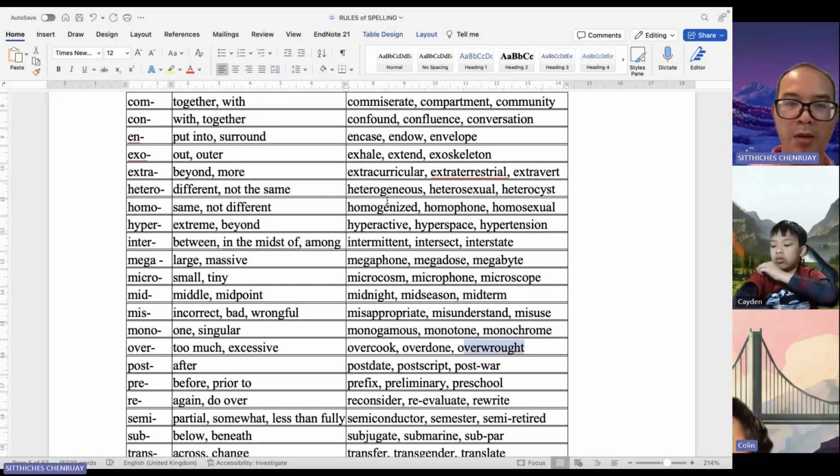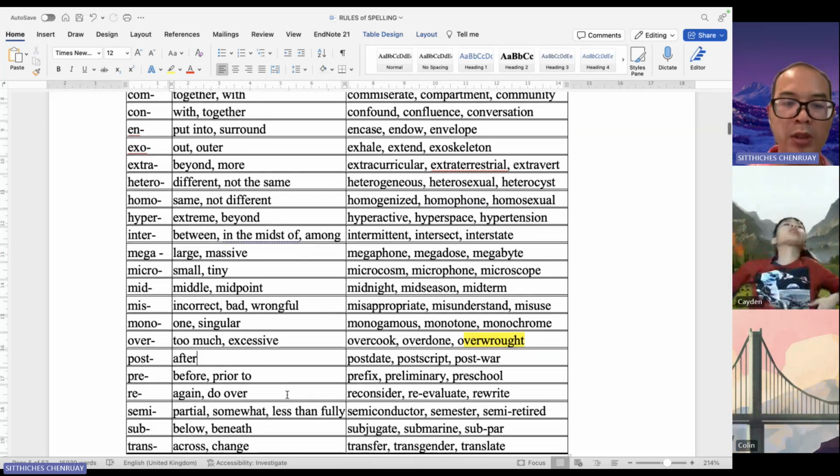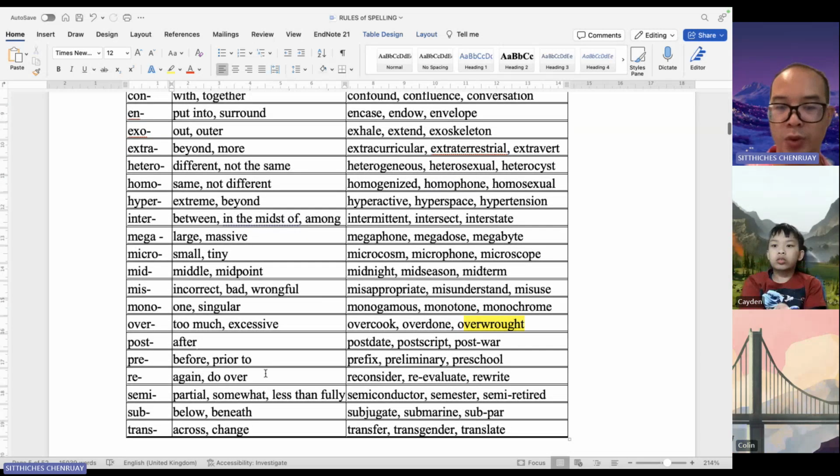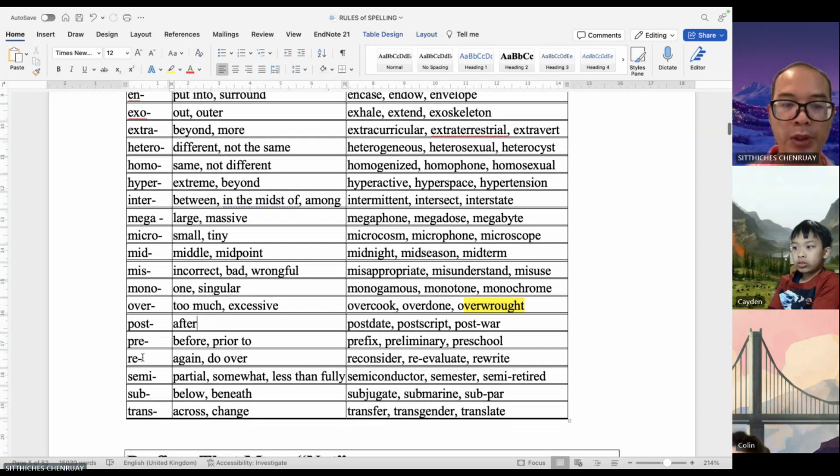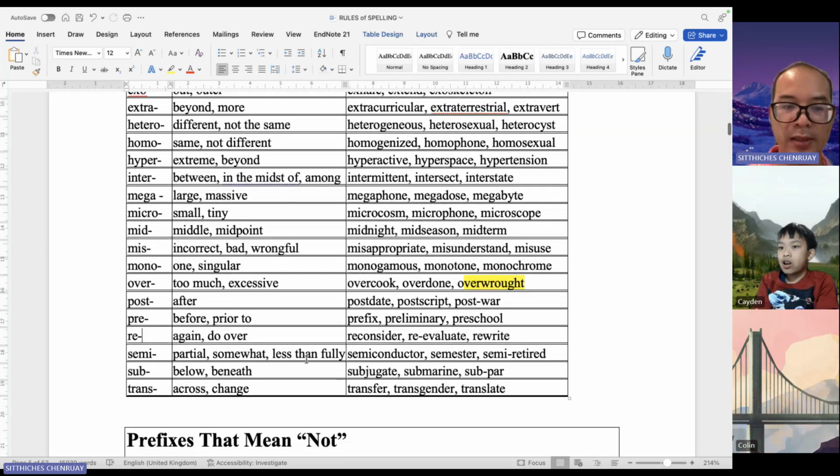Over, too much, excessive: overcooked, overdone, overwrought. This word, I may check that time. And then post, after: post-date, postscript, post-war. Pre, before, prior to: prefix, preliminary, preschool. Re, again, do over: reconsider, re-evaluate, rewrite.